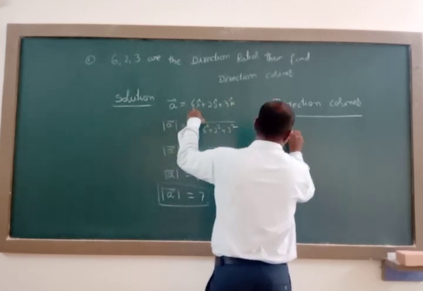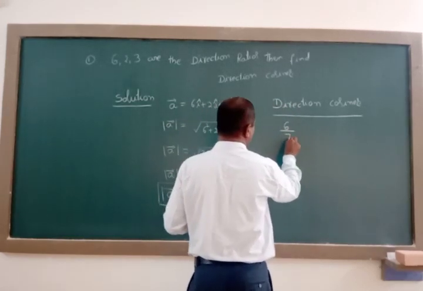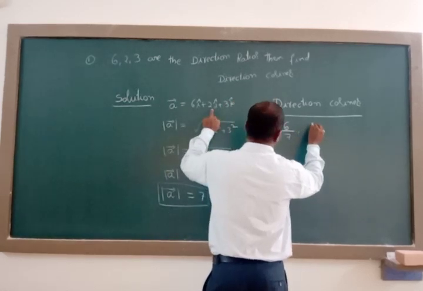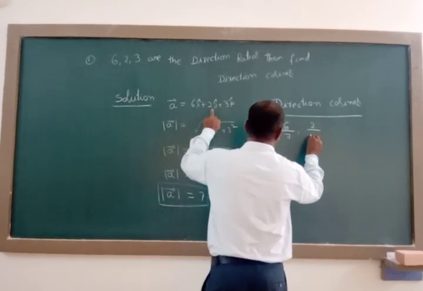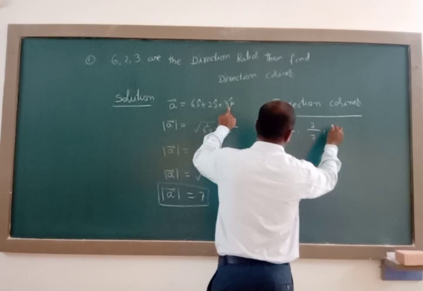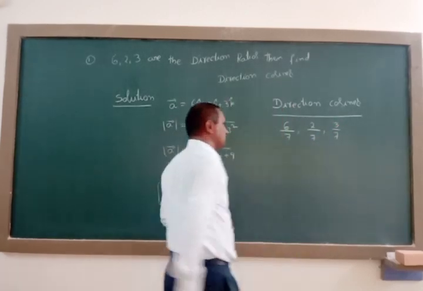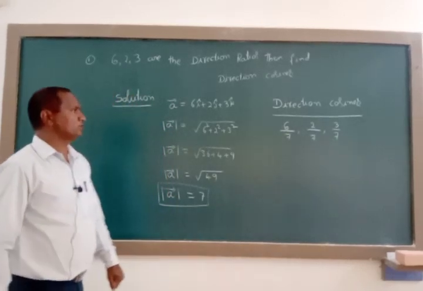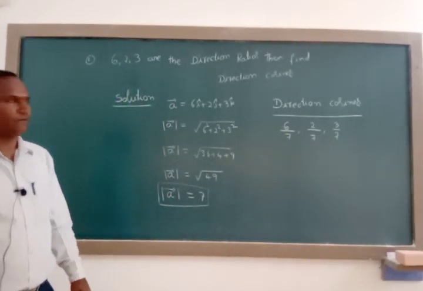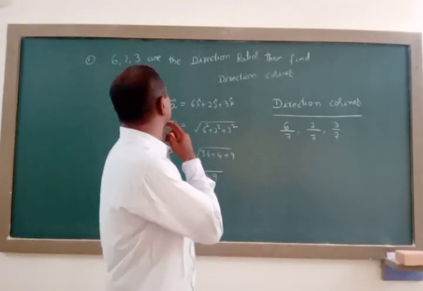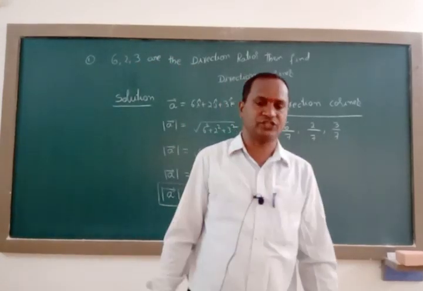First direction cosine is 6 by 7, next direction cosine is 2 by 7. The third direction cosine is 3 by 7. Like that we give a solution to find direction cosines when they give direction ratios.